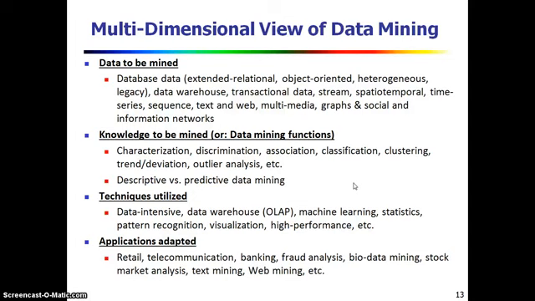The other one is classification. If various things are given, and you know there are 2 or 3 types, then it is classification. Whereas in clustering, we don't have any particular classes; we do it in our calculation. Then there are various techniques, such as OLAP, machine learning, statistical, and high performance visualization techniques.